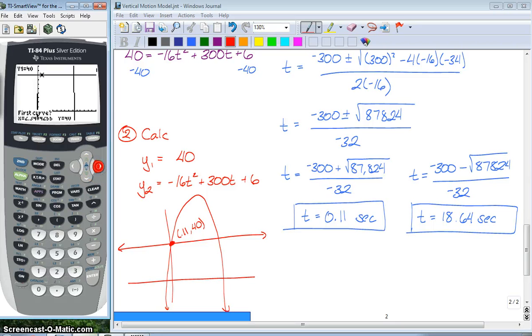Scroll as far as you can to get to the other intersection point, or as close as you can to the other intersection point. Hit enter 3 times. And again, it tells you it's at 18.64, comma 40.